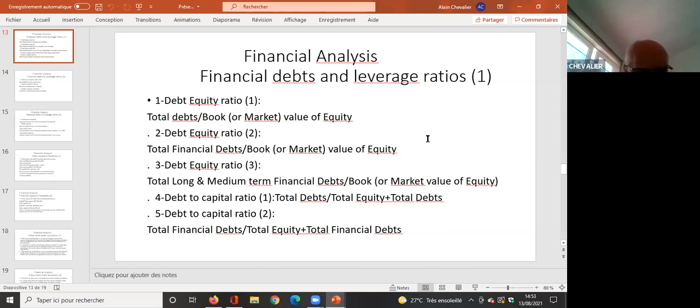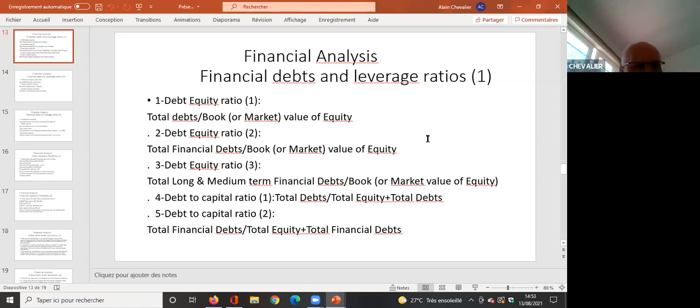Let's start with the debt equity ratio. We have several presentations; you will find different presentations in different financial analysis methodologies or in different countries. But it is also moving.